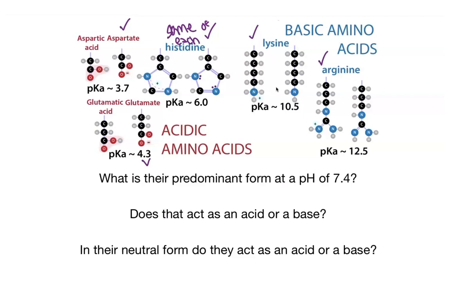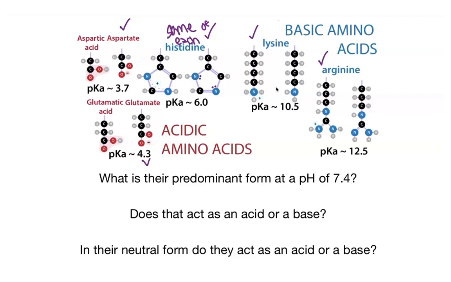And those basic amino acids, basically their conjugate acids don't really want to act as acids. They were so happy acting as an acid, or so happy acting as a base, that we're going to find them in their conjugate form. We're going to find them as they've already done that. Those cookie monsters have already taken a cookie in the case of the basic amino acids, or they've given up a cookie in the case of the acidic ones.